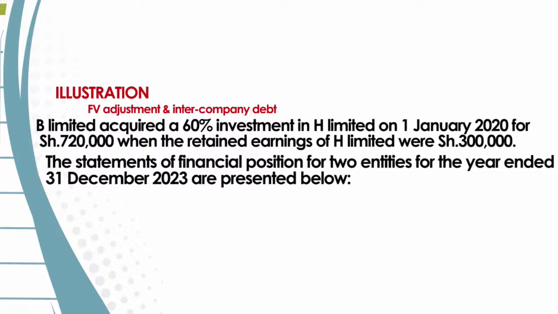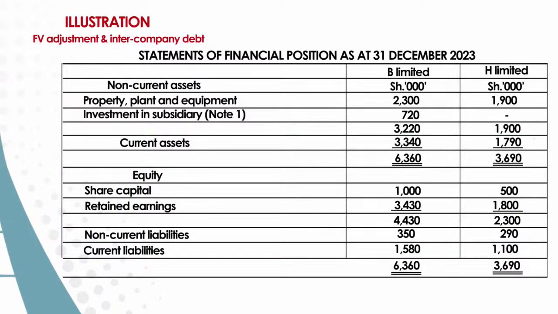So what you're given is the statement of financial position as at 31st of December 2023 for the two companies, that is B Limited and H Limited. We have the non-current assets, which include property, plant and equipment for the two companies. We also have the investment in the subsidiary. This is the amount of money which the parent company paid when acquiring 60% of the shares in the subsidiary.